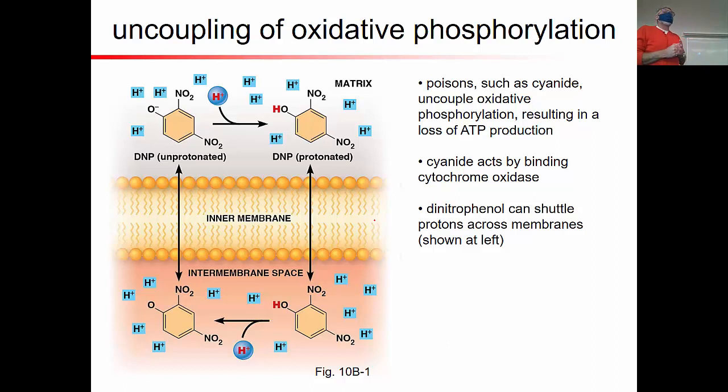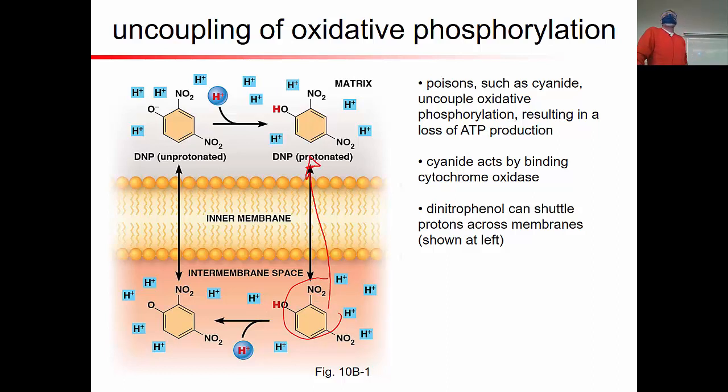This can be disrupted or uncoupled, the formation of the proton gradient and the ATP synthase. A couple of things that may disrupt it are different poisons. So things like cyanide, okay, inhibits the electron transport chain. We can also get uncoupling by what's called DNP here, dinitrophenol. The way this toxin works is it picks up the protons in the intermembrane space, and it moves them back into the matrix.